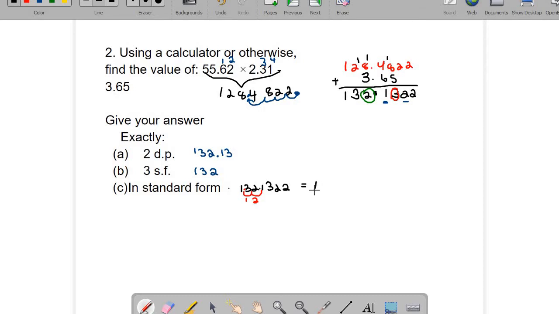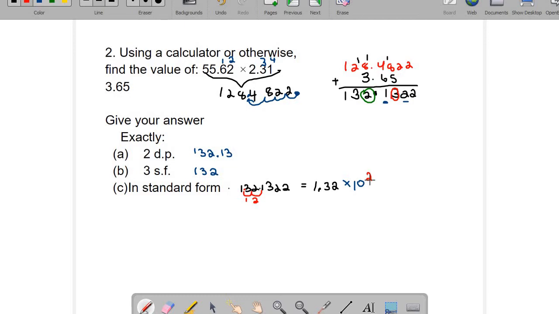So you're going to write the number you have, which is 1.32. Alright, let's keep it to 2 decimal places. Then you're going to write times 10. The significance of counting the number of decimal places is to tell what power you should have for this 10.